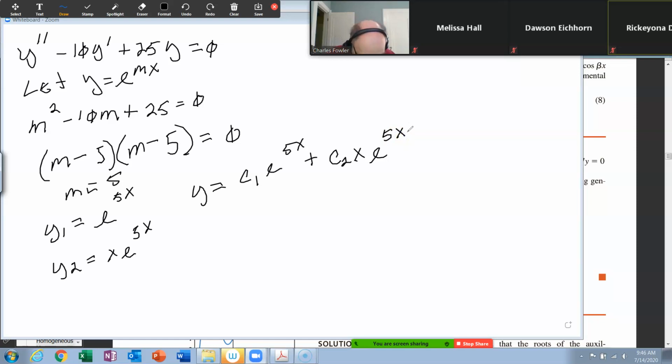Look in the book and you see y is equal to c1 e to the 5x plus c2 x e to the 5x. That's what you do when your discriminant is 0. If you had done the quadratic formula, you come out with a double root. You do the first one just as you would normally do, and then put a factor of x in front of the second one. Give it a different constant. That was pretty easy. Any questions on case 2?